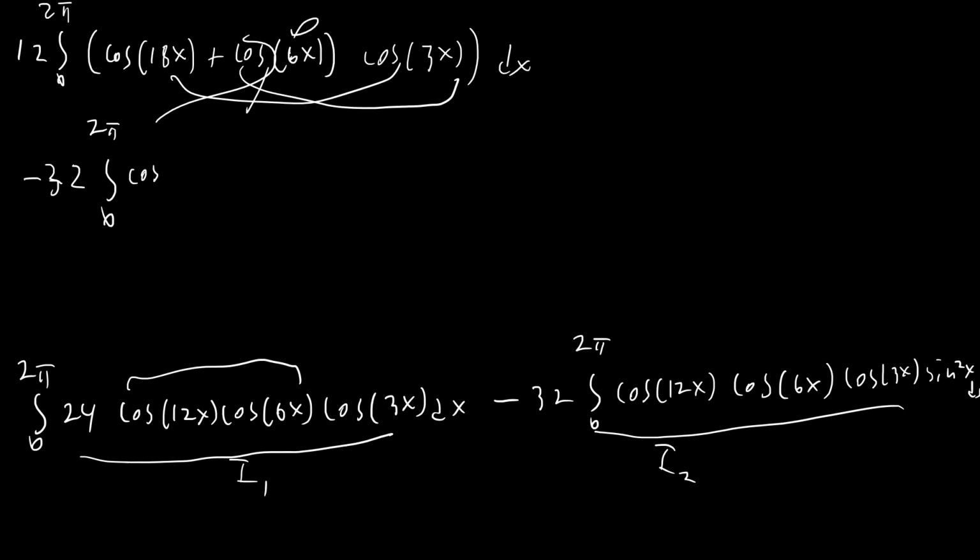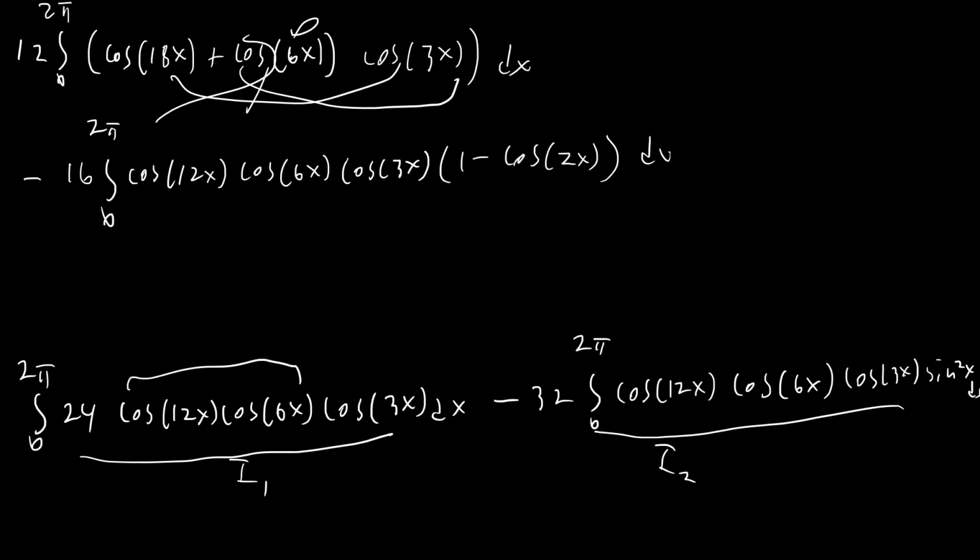cosine 12x, cosine 6x, cosine 3x, and I'll go ahead and expand that sine squared of x in a more easy to use manner. So we're going to have 16, 1 minus cosine 2x dx. I think this one should also go to 0, no?